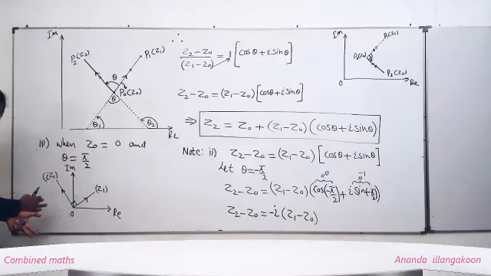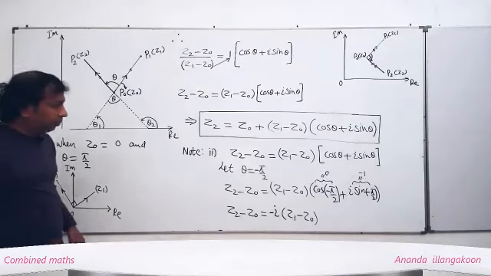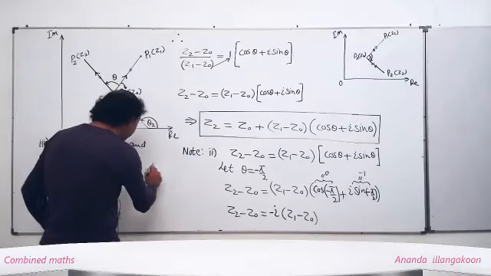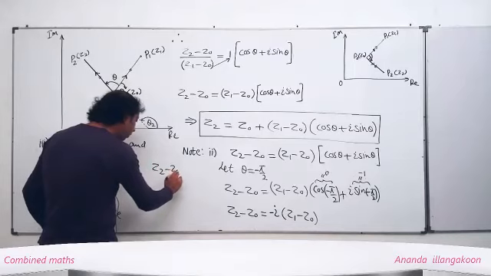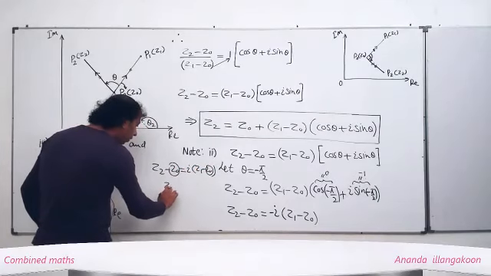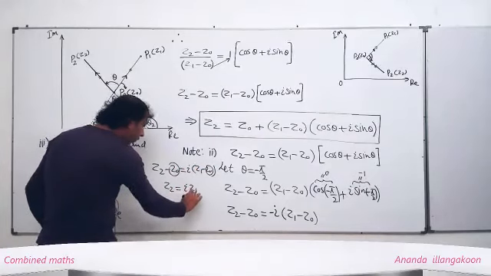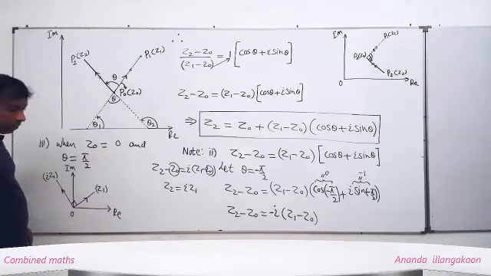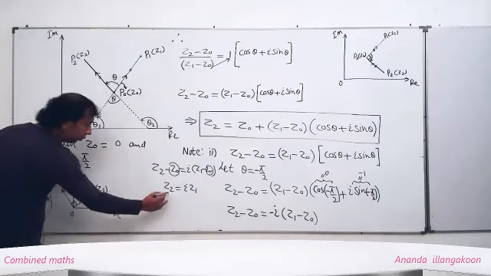In the earlier case, we had Z2 minus Z0 equal to i times Z1 minus Z0. If Z0 is 0, on the left-hand side we get Z2, on the right-hand side Z1. Then the new position complex number is Z2, equal to iZ1.